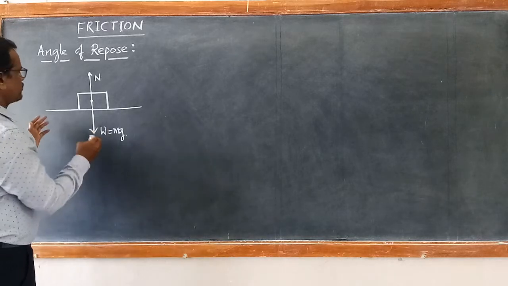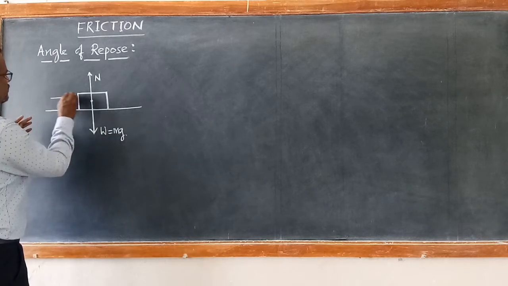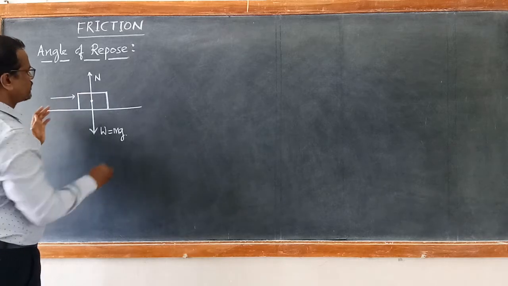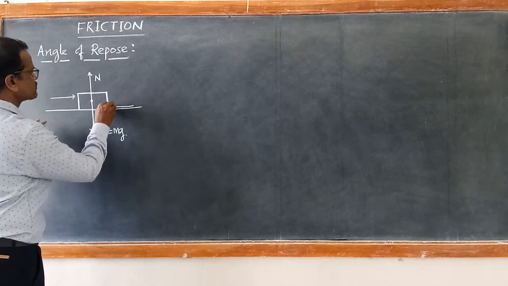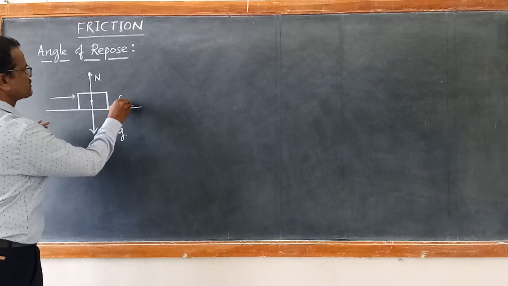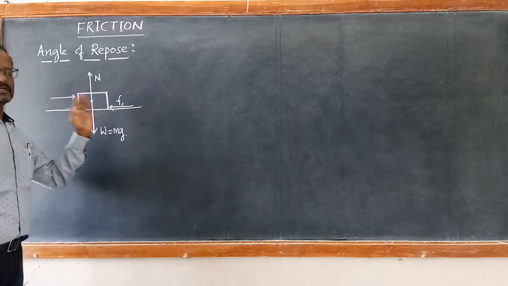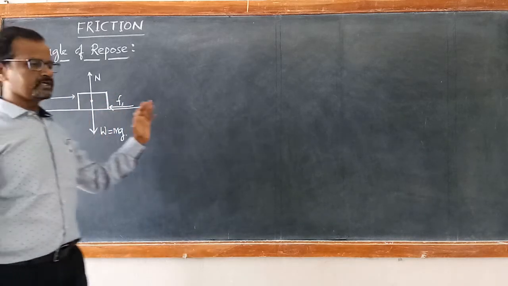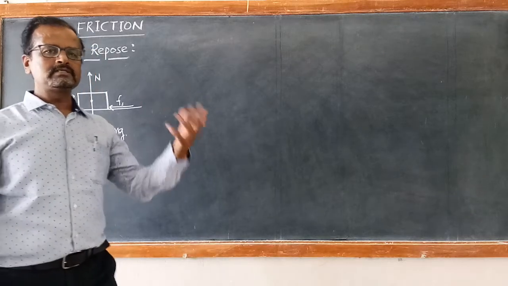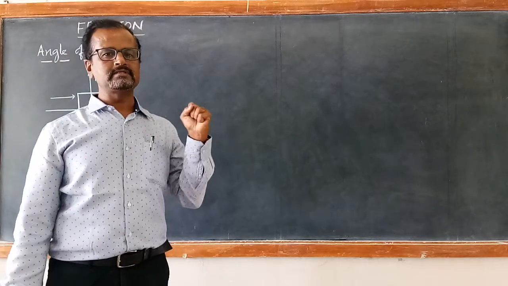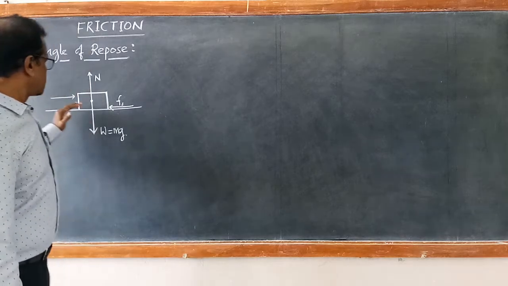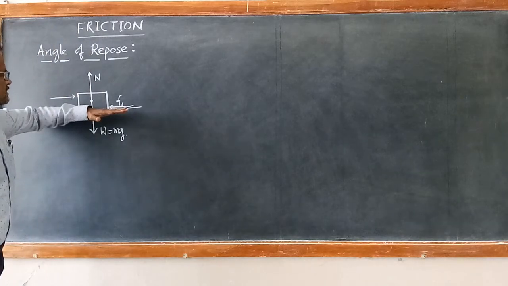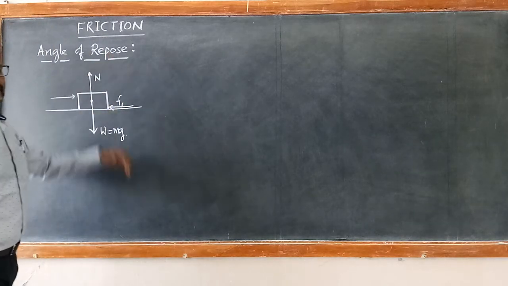And if you apply any external force, then there will be a force of friction, static friction, if the body is still at rest. So the force of friction exerted by the body, still when it is at rest, we simply call static friction.